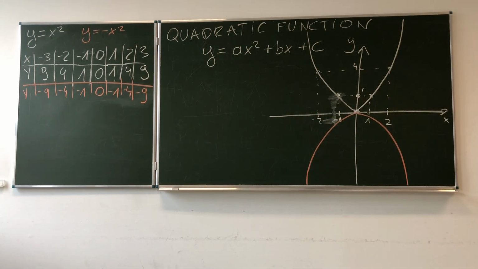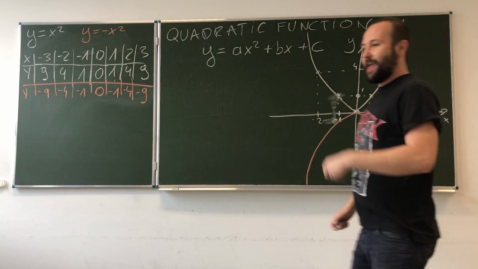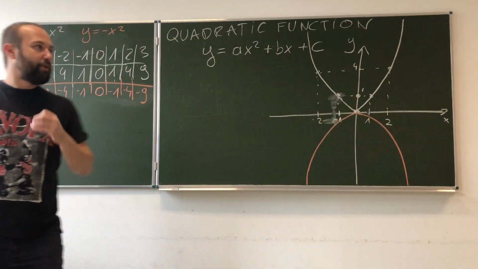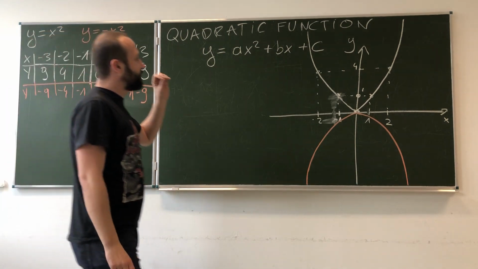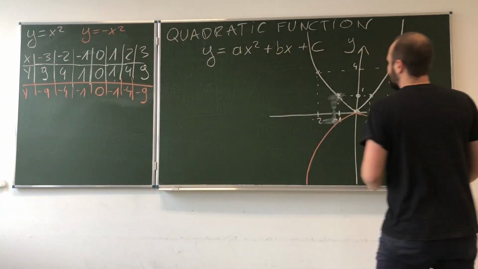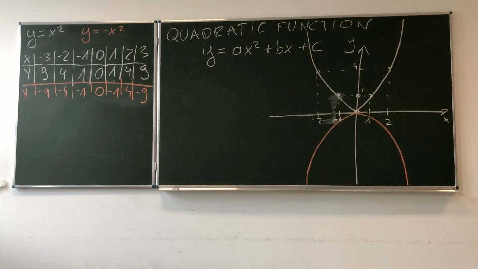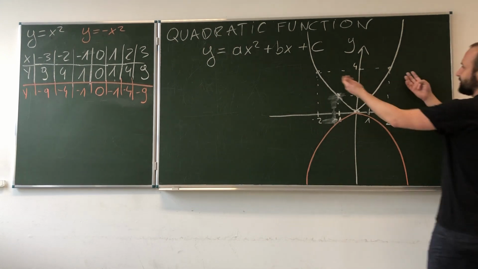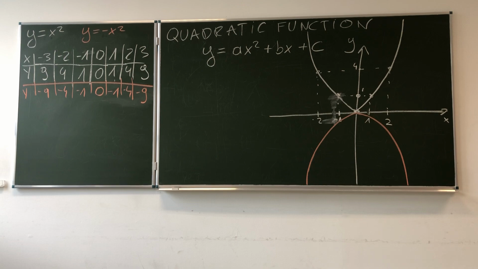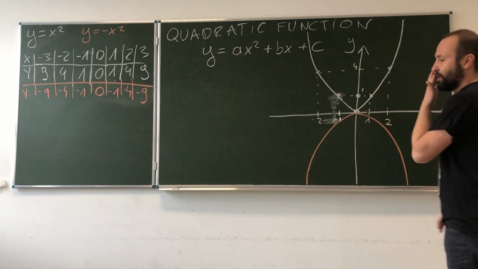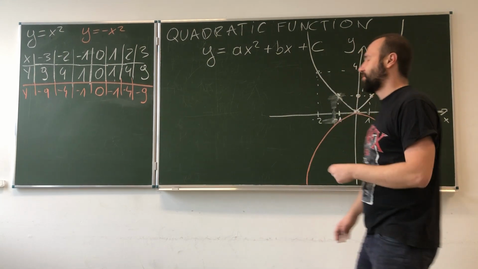And this is the general rule: every time you put a minus in front of the entire function, you will see a mirror reflection of the function with respect to the x-axis. But this one we will practice a little bit more later when we tackle the reciprocal function.